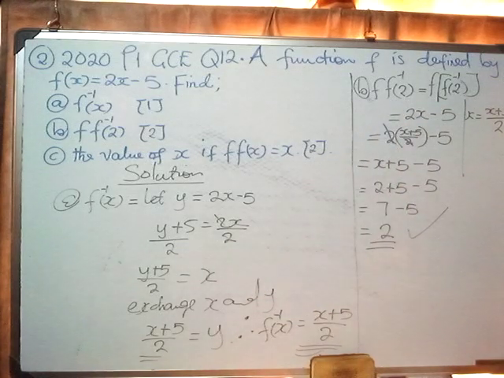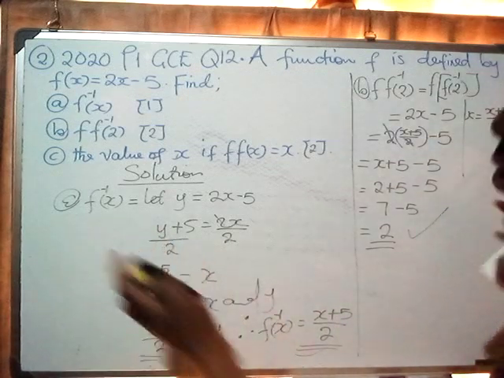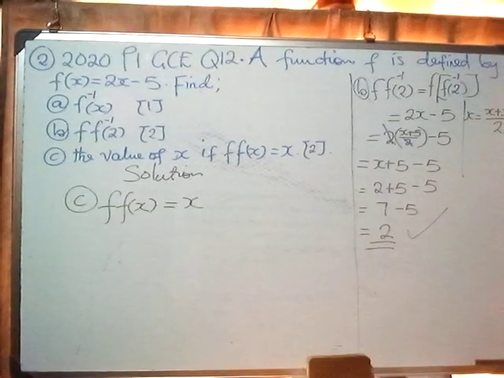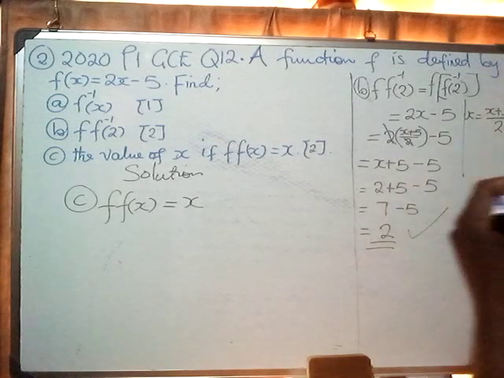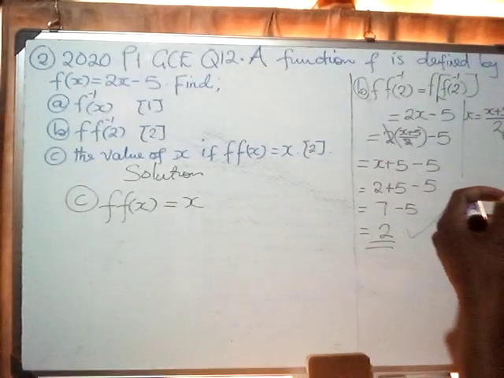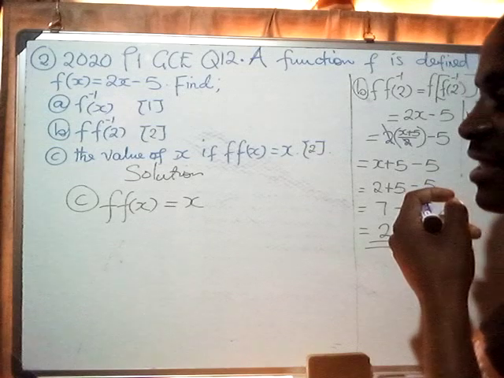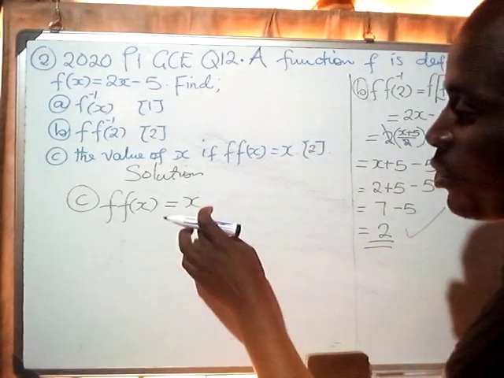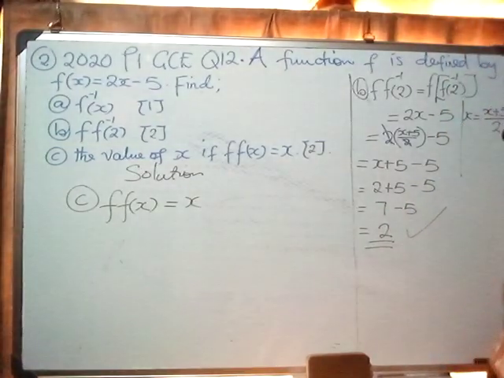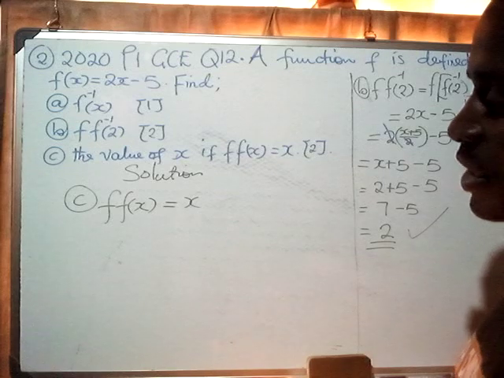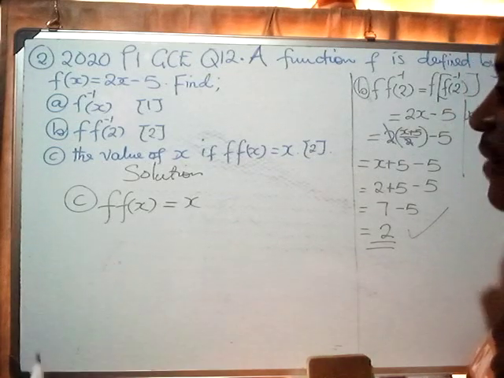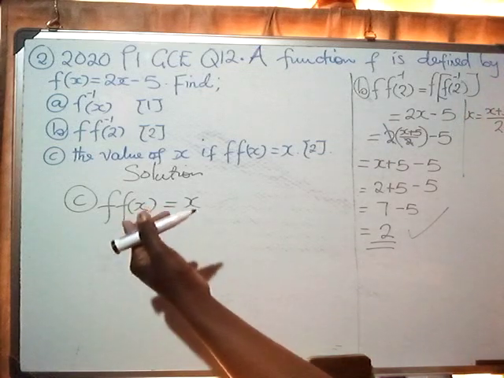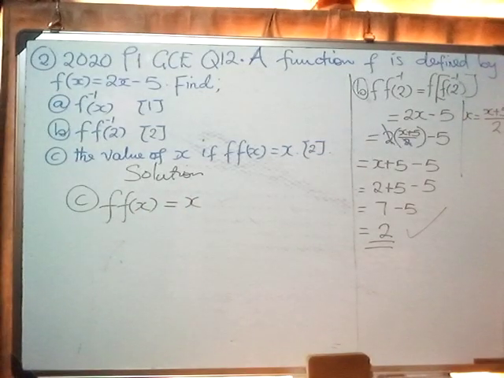Let us now go to question number C. f of f of x is equal to x. This is what we have for the next question. We are finding the value of x. Now, what is f of f?